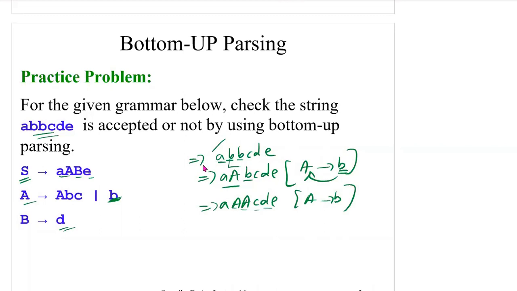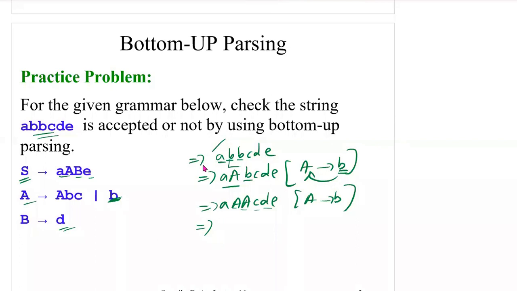So now let us see, in place of D, if you substitute B, what will happen? Or in place of A, again you substitute B, what will happen? Like that, if it derives, let us say parsing, the string is accepted, otherwise it is not accepted.